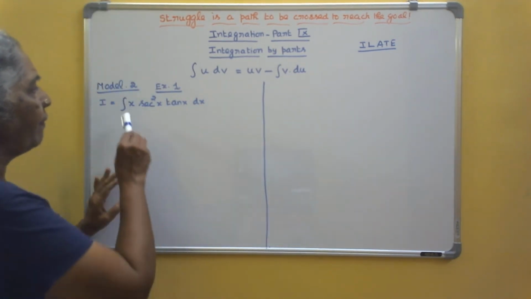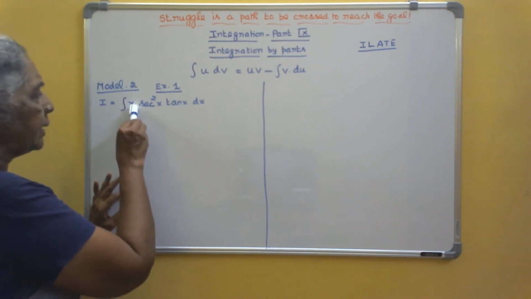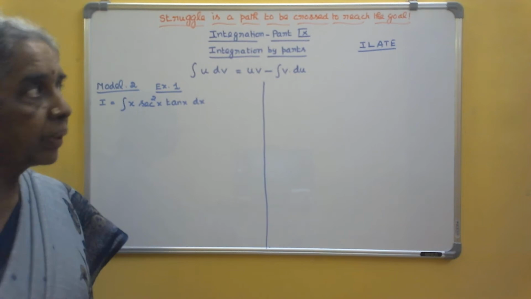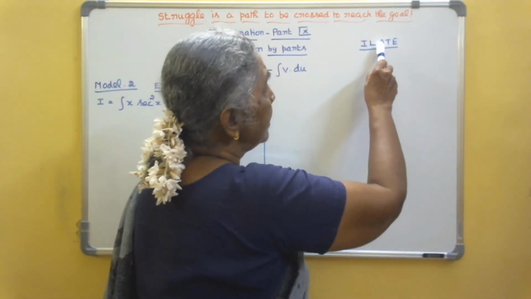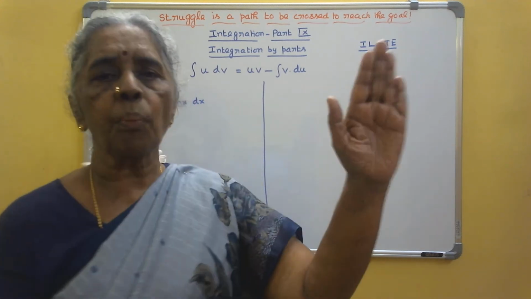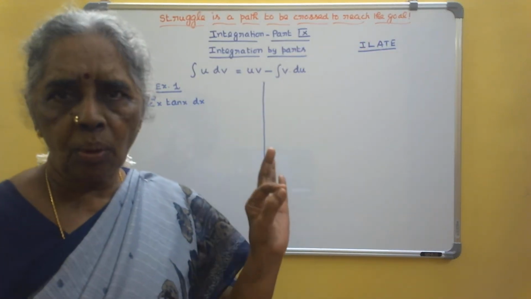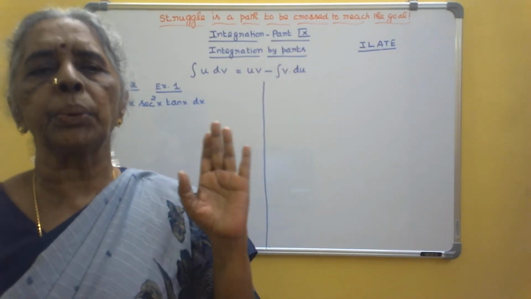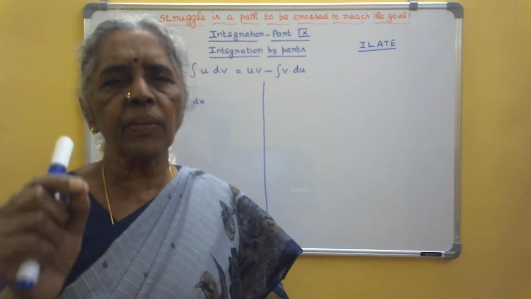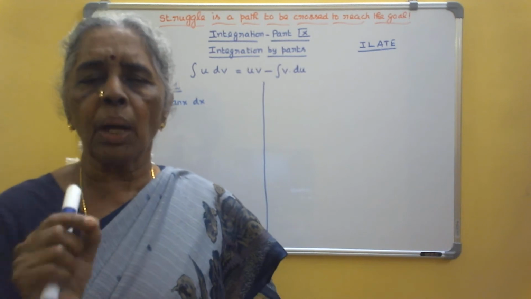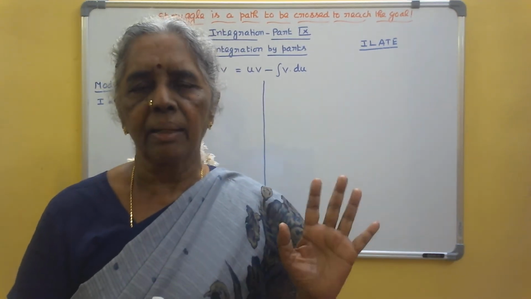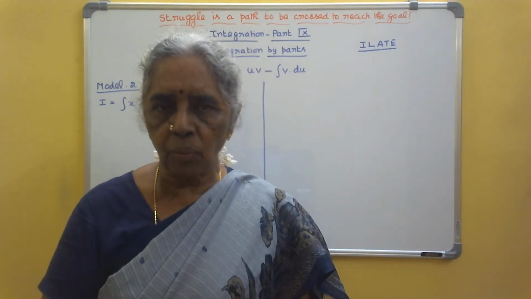So you are having a product of an algebraic function and a trigonometric function. So algebraic function is A, trigonometric function is T. A comes before T. So the algebraic function, you should take it as the u function. The trigonometric function along with the dx, you have to take it as dv function. Is it clear?